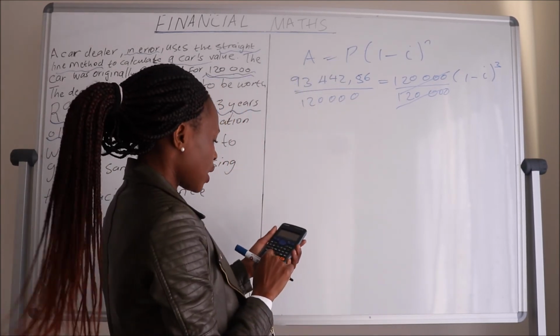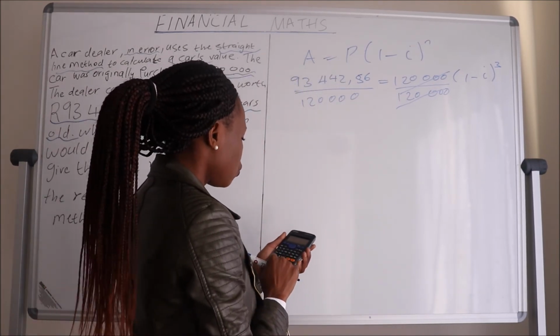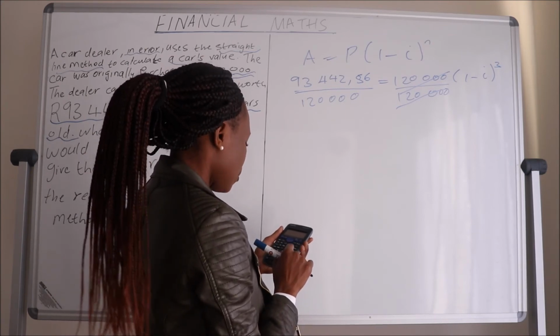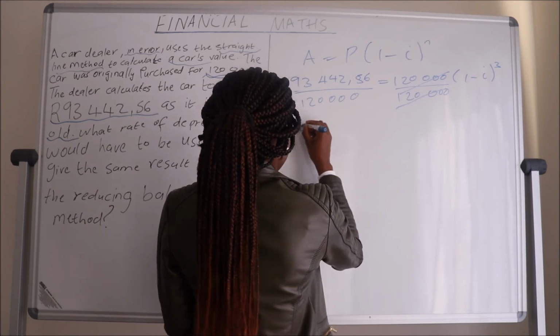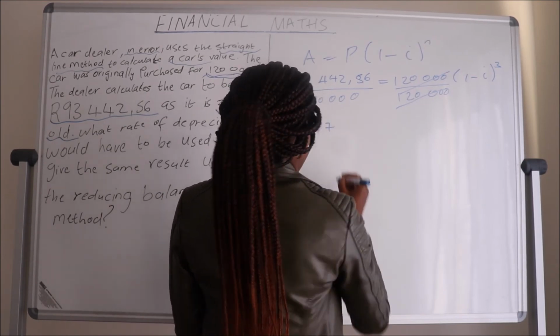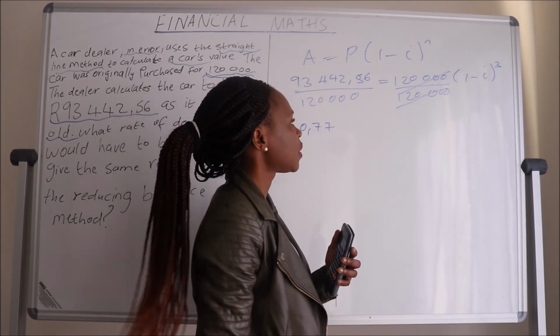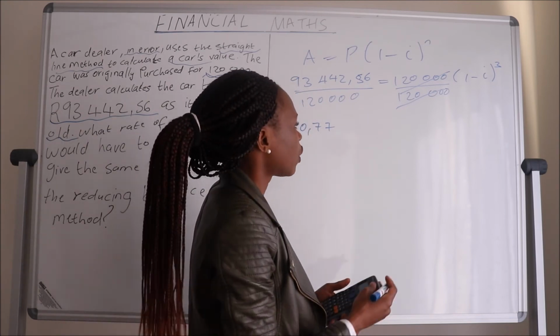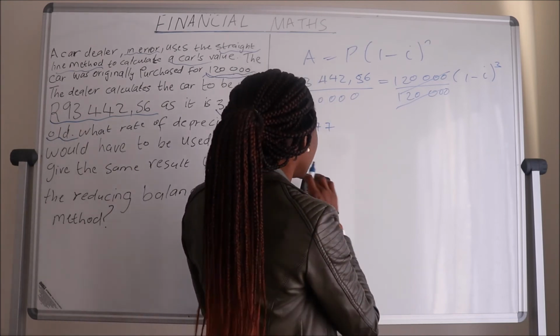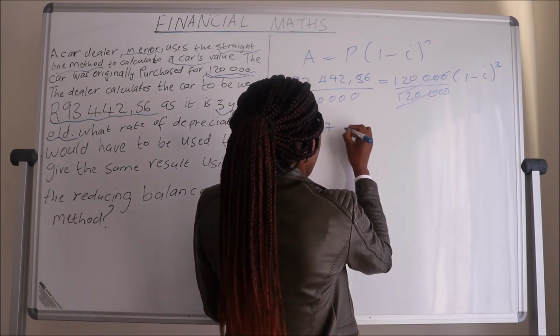So that means we have 93,442.56 divided by 120,000, and we have 0.77. When you are dealing with a financial mathematics problem, it's better not to round off while you are still working on the question. So I will just write the very same value that I was given here in the calculator.